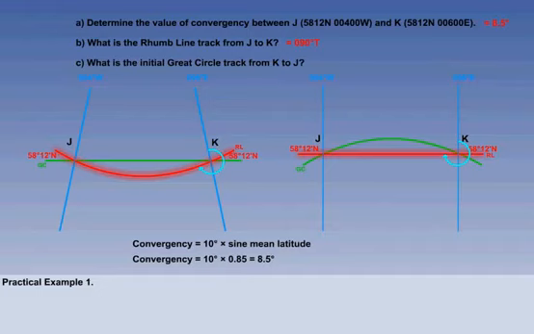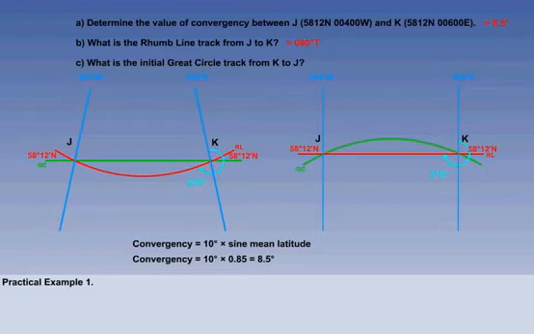What is the rumline track from K to J? Well, from our previous work, we saw that the rumline track from J to K was 090. Since K to J is just its reciprocal, then the rumline track from K to J must be 270 degrees true. It's still the parallel of latitude, but in the reciprocal direction. We now need to work out the conversion angle. What is it?